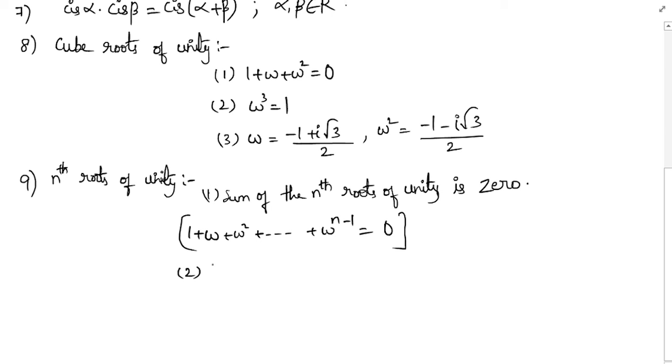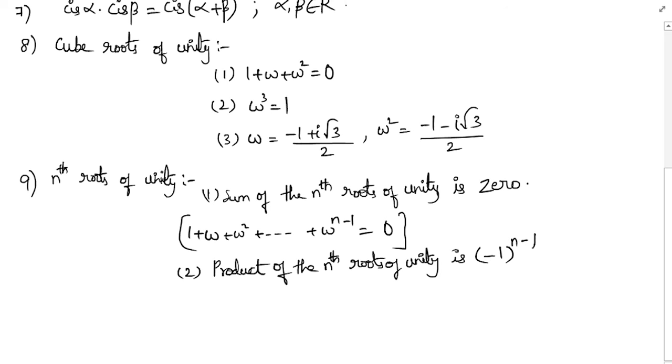And the second point, the product of the nth roots of unity is always (minus 1) to the power n minus 1.